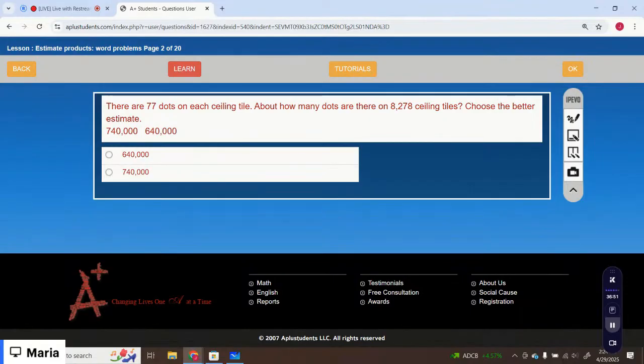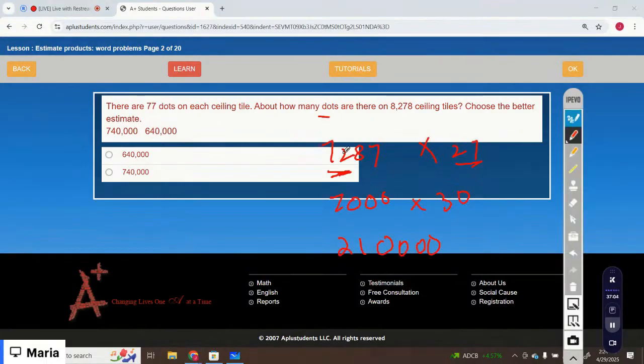There are 77 dots on each ceiling tile. About how many dots are there on 8,278 ceiling tiles? Choose the better estimate. So we have 77 dots on each tile. The total tiles are 8,278.